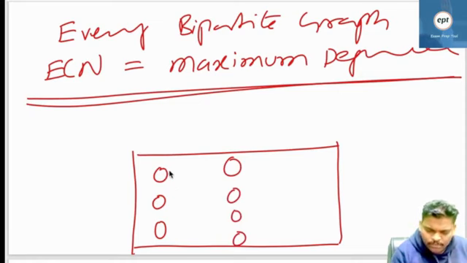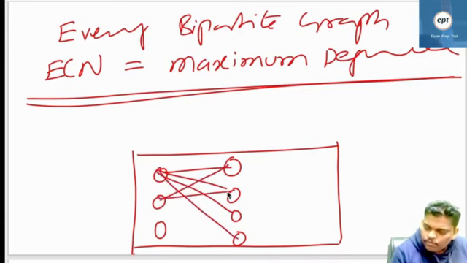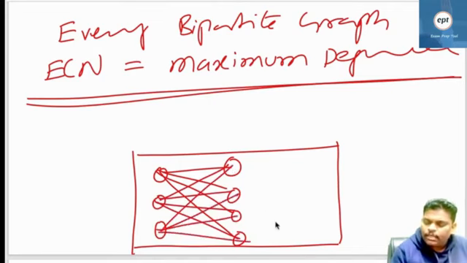So 4, manually, because so many edges are coming, it is going to be difficult. It is K3,4. This diagram everyone knows, K3,4.